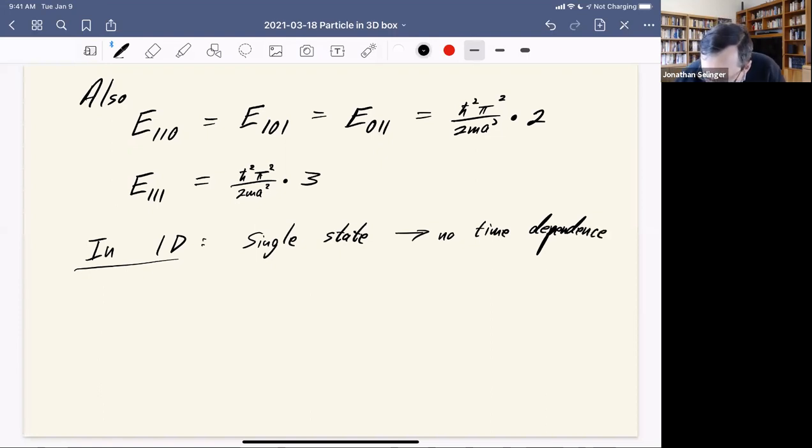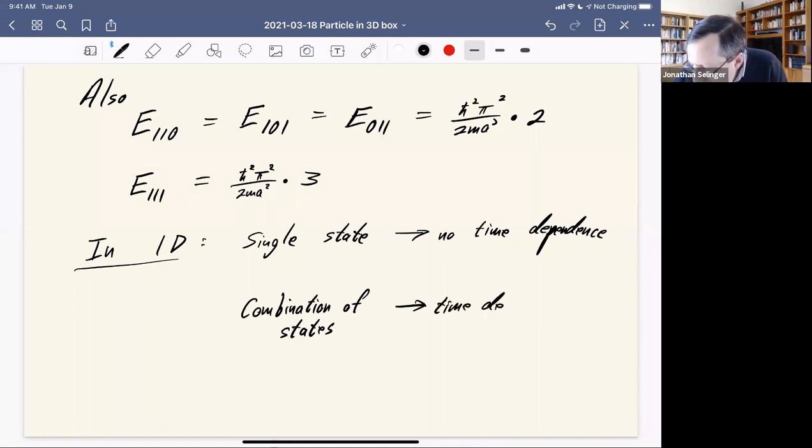But if you have a combination of states, there is time dependence. And that's like in my game of Pong, where you have probability that's going back and forth from one side to another side of the box.